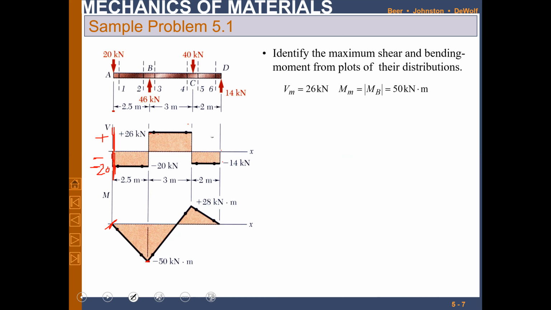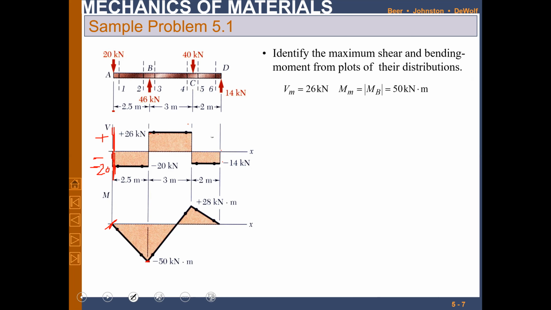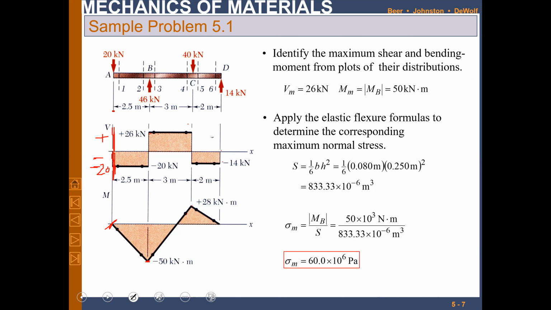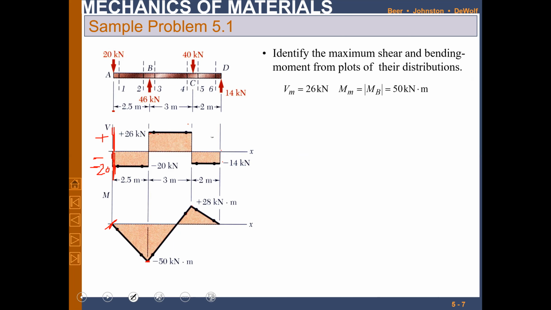At points 3 and 4 it is minus 50 and plus 28, and then it goes from plus 28 to 0 at 5 and 6. So this is how you can make your shear force and bending moment diagrams, right?